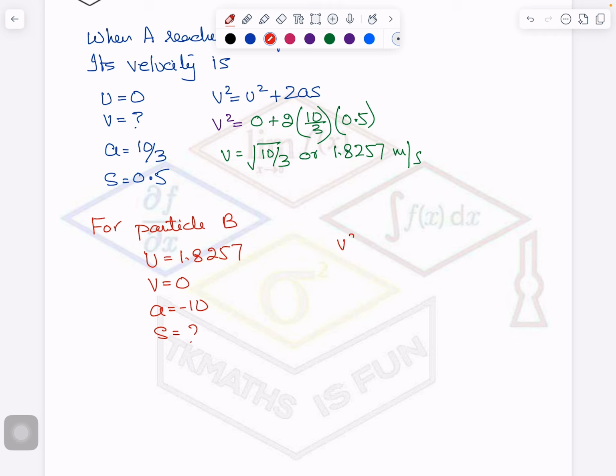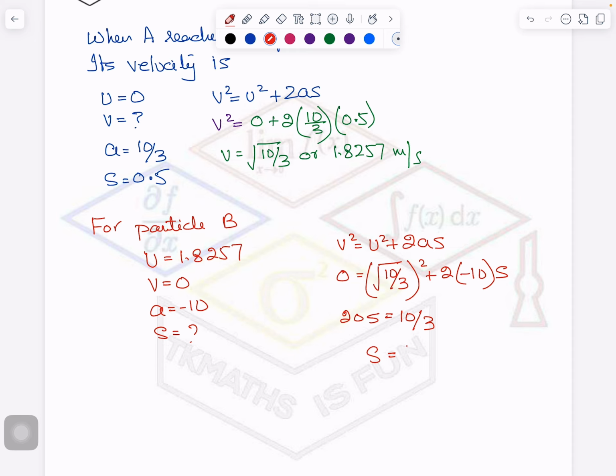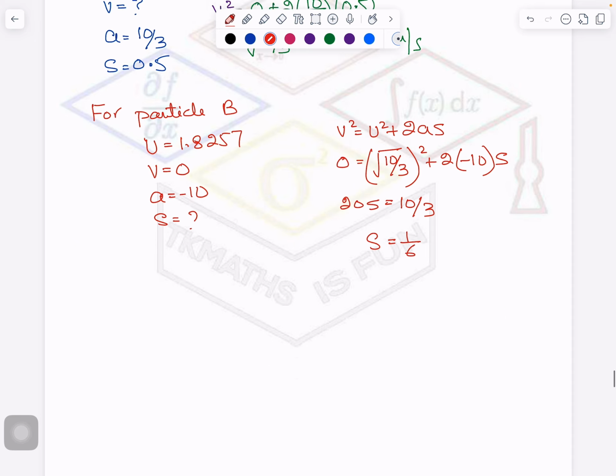So it is V squared is equal to U squared plus 2AS. I'm just using exact values to avoid any 2 decimal or 3 decimal errors. Okay, so S is equal to 10 upon 3 over 20, S is equal to 1 upon 6.